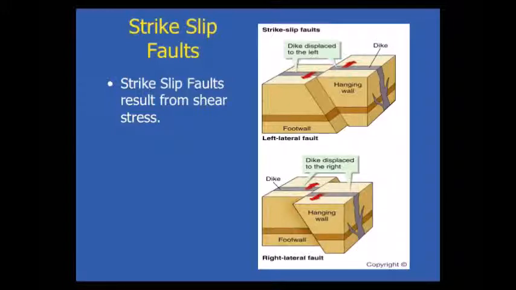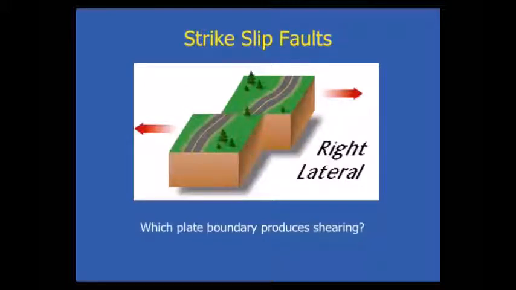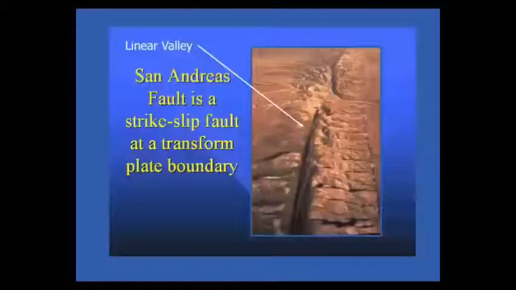Faulting, right lateral or left lateral, is the result of shear stress applied to rocks, and shear stress is the result of movement along transform boundaries predominantly. So transform boundaries produce a lot of shearing stress, a lot of strike-slip faulting in association with those types of boundaries.